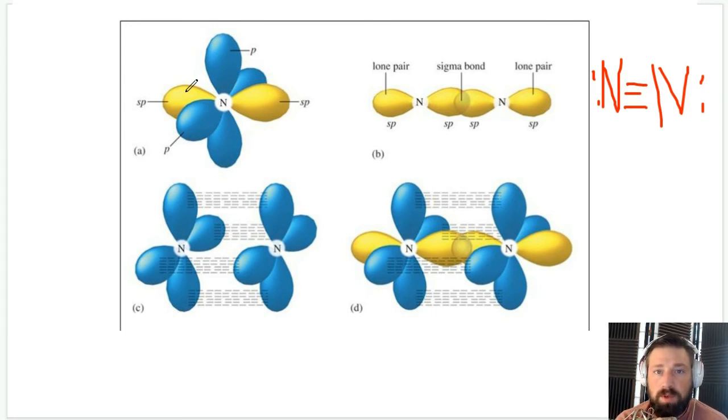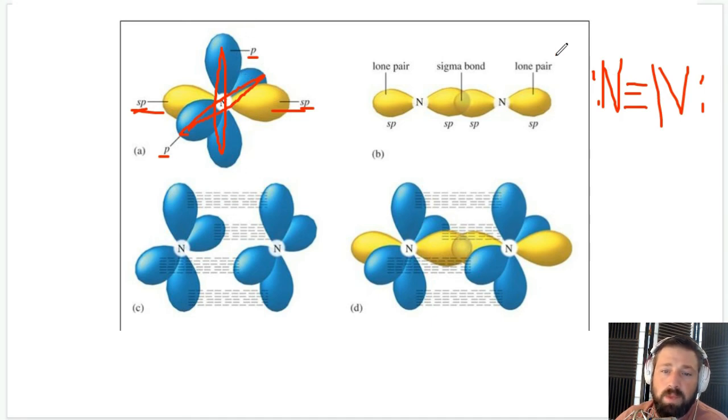There are still all our orbitals: one sp, one sp, and then a p orbital, a dumbbell, going here, and another p orbital going here. So that's sp, p, p: 1 s, 3 p's. The first s and p hybridized to make an sp here and an sp here.